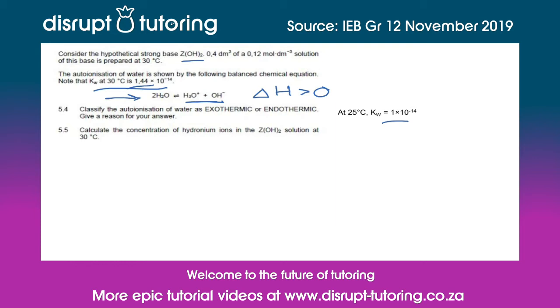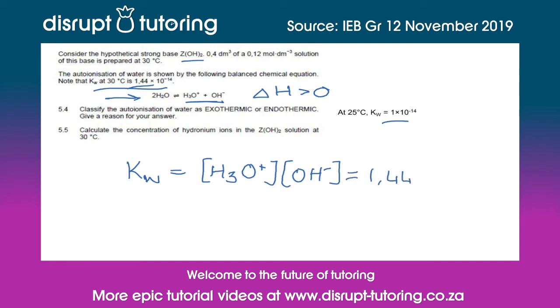We know that the ionization constant is equal to the concentration of the products over the concentration of the reactants. For water, this just happens to be the concentration of the hydronium ions multiplied by the concentration of the hydroxide ions. And we know that this number at 30 degrees Celsius is equal to 1.44 times 10 to the minus 14.